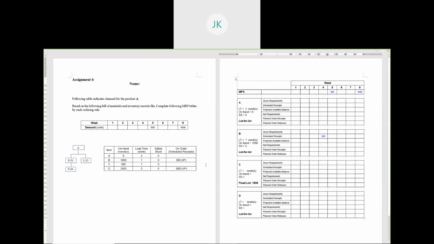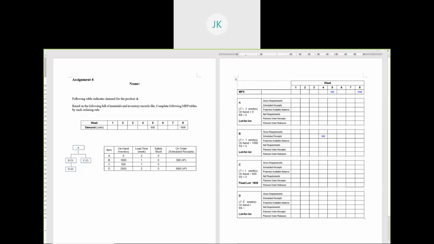And C, lead time is 1, on hand is 500, safety stock is 0, and there is no scheduled receipt.